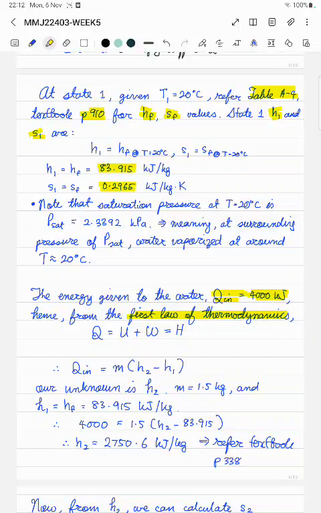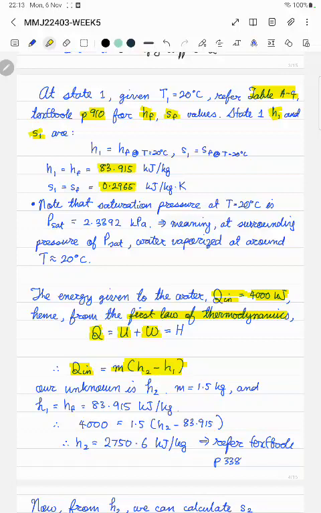If we give an input of heat energy to a system, we will see the change in the internal energy, U, plus some work that could be done. Of course, in this case we are not doing any work because we are maintaining the pressure. So we can directly calculate the Q in as a change of the enthalpy.